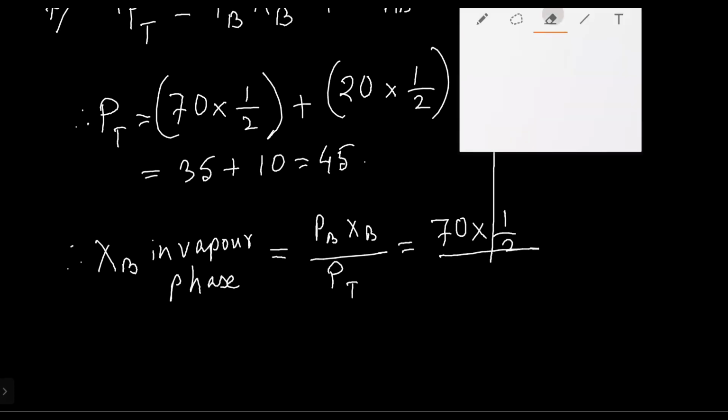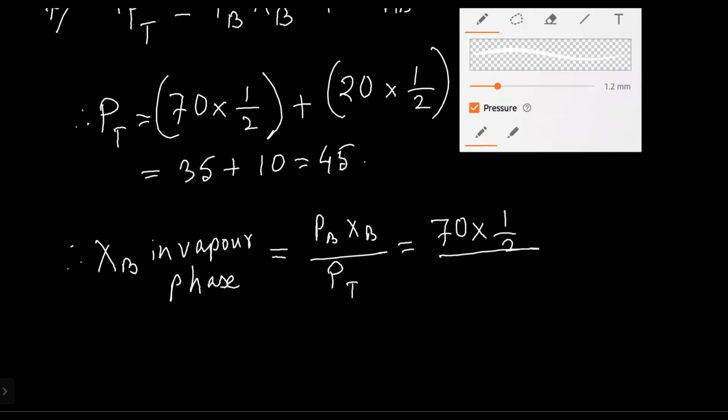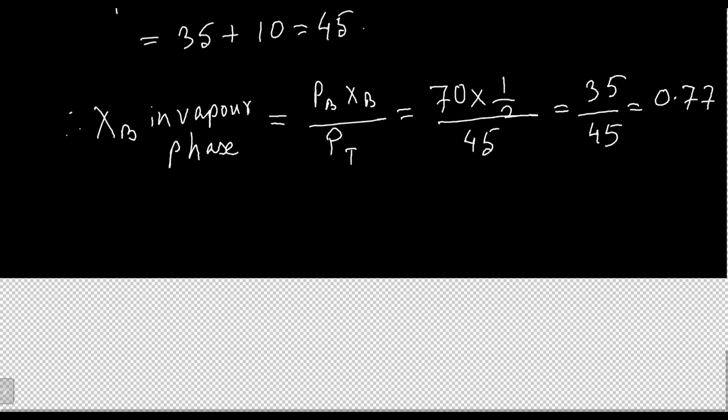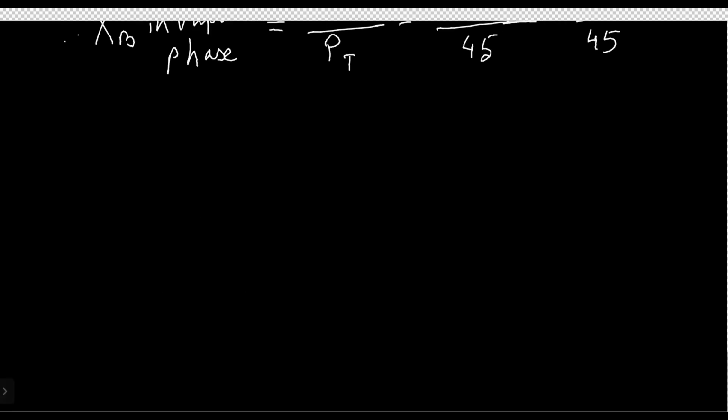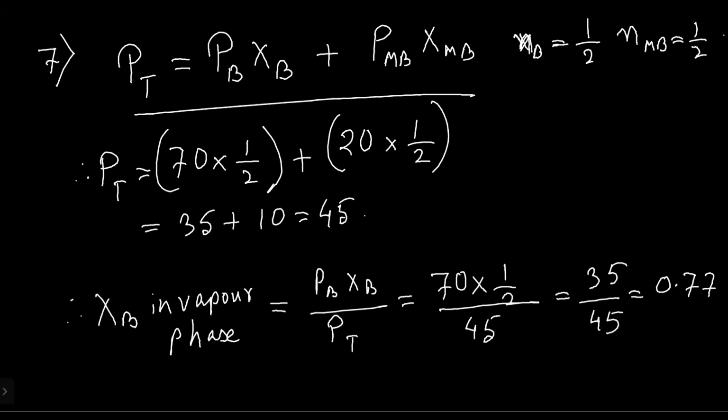So 70 into half divided by the total pressure, which is 45. That means 35 by 45. And if you solve this, you will get 0.77. So this is the mole fraction of benzene in vapor phase. Okay, very simple. But you just need to know this formula. You had to know this formula in order to get this problem correctly.